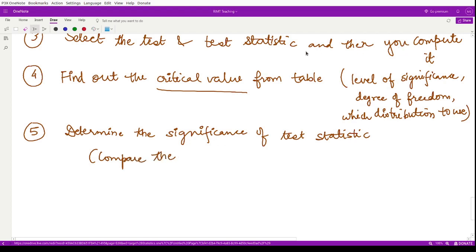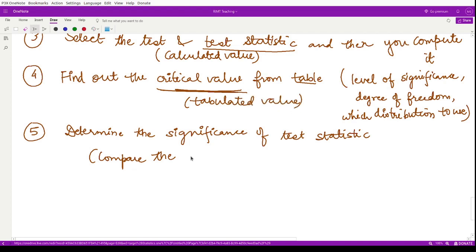The value in step 3 is known as the calculated value, which you obtain using the formula for the test statistic, and then you have the critical value which you obtain from the table, known as the tabulated value. In the fifth step, you compare the tabulated value and the computed value.